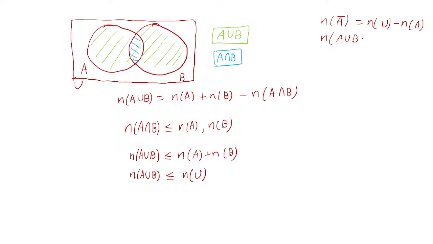Anyway, the number of elements in (A union B) whole bar will be what? It will be the number of elements in the universal set minus the number of elements in A union B. Yeah, makes sense. If you see carefully, (A union B) whole bar would be what? It will be this region. Where is the marker? Yeah, it will be this region. Yeah, all the region outside A union B.